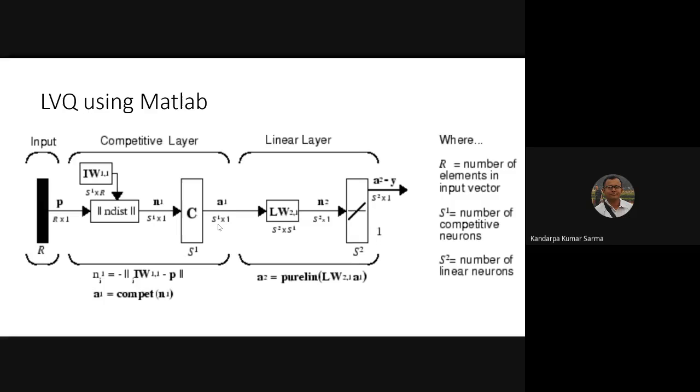In a wider depiction, R shall be the number of patterns you feed through the sample vector P. This will go through the competitive layer, where ndist will be a function used to find the Euclidean distance, and once the Euclidean distance is found, depending upon the value, we will group the particular sample with the nearest neuron in the SOM topology.